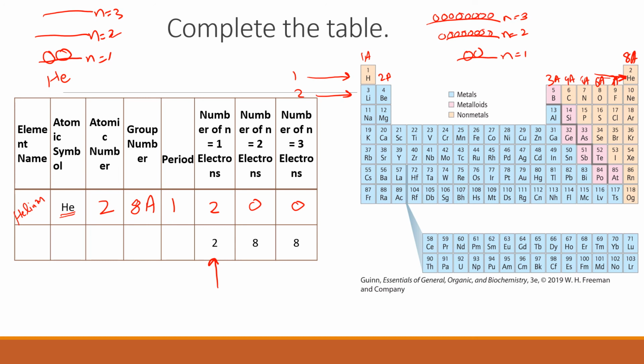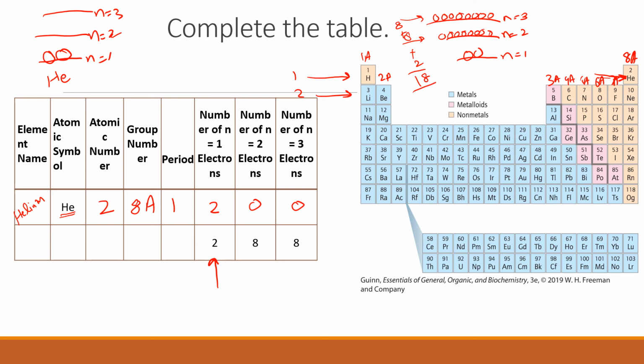Now we need to figure out what this element is. So let's count the total number of electrons. 8 here and 8 here, so 8 plus 8 plus 2, so the total number of electrons is 18.